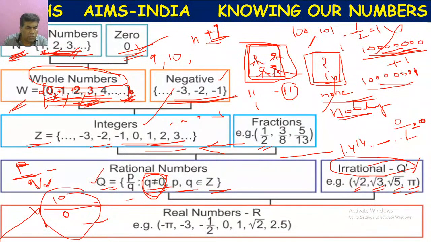Rational number symbol is Q. Irrational number symbol is Q dash. The rational numbers, irrational numbers, together we call them as real numbers. Now whatever numbers we have discussed, all these kinds of numbers, they belong to real numbers.